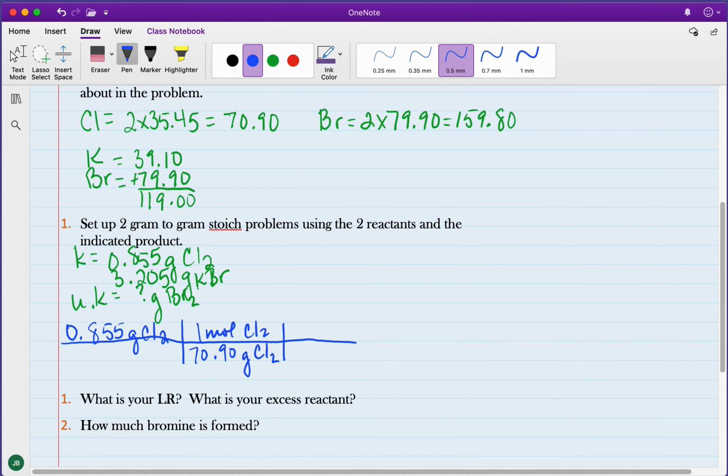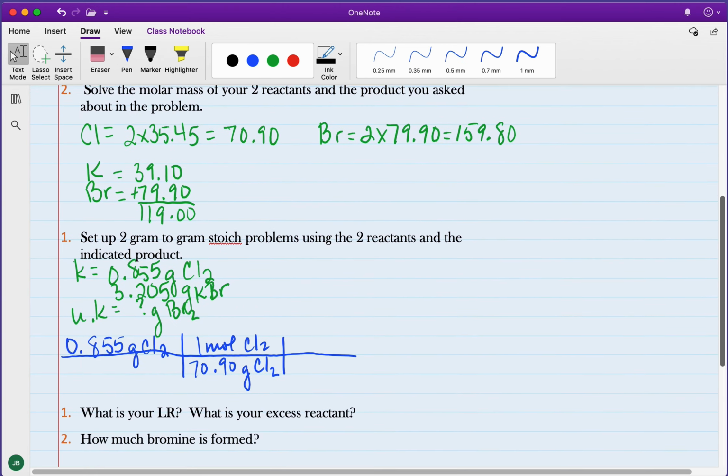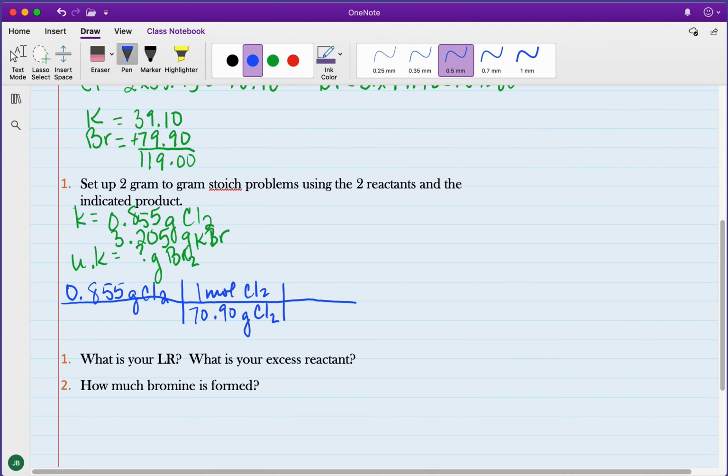Then the next thing you're going to do is your mole ratio. If we look back at the balanced equation, we see that we're going to have a 1-to-1. So we have an understood 1 at the chlorine and an understood 1 at the bromine. So let's put that in: 1 mole of chlorine and 1 mole of bromine.